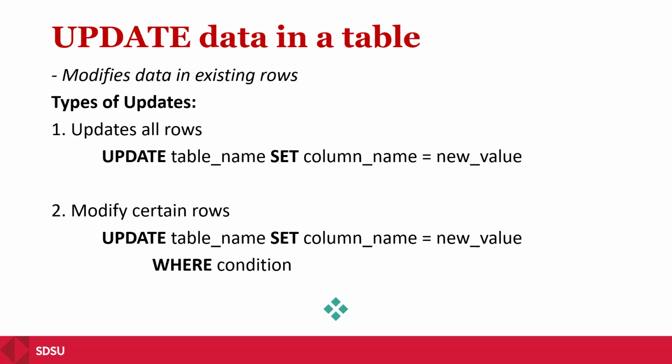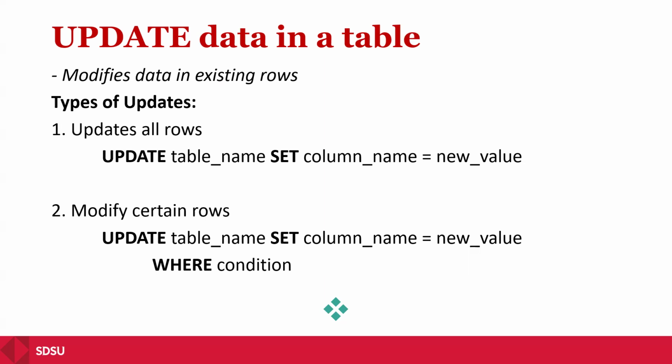For example, say you have a customer table and a customer discount table, and you want to set the customer discount for everyone to 10%. Say, for example, you have some kind of sale. In this case, you execute the first statement where you update all the rows, and this update will set the discount column to a new value.